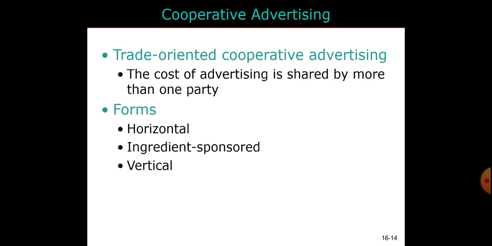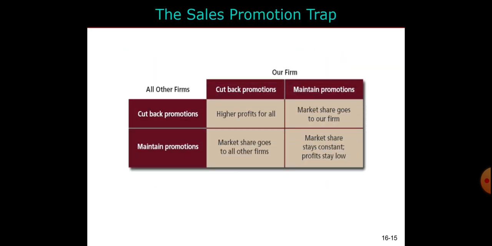Vertical cooperative advertising is, for example, showrooms owned by Fiat as well as Tata. They use the same showroom to sell their vehicles. That is an example of cooperative advertisement.